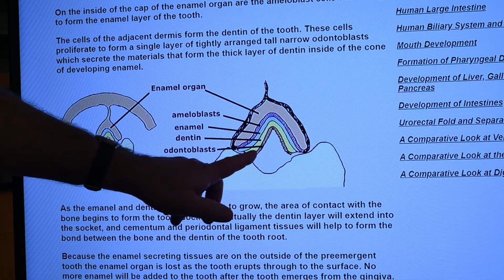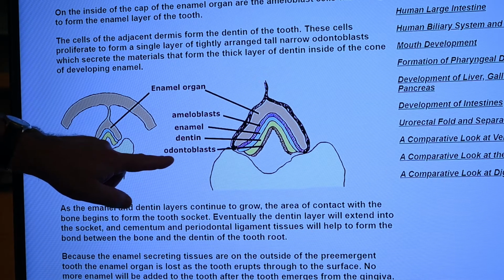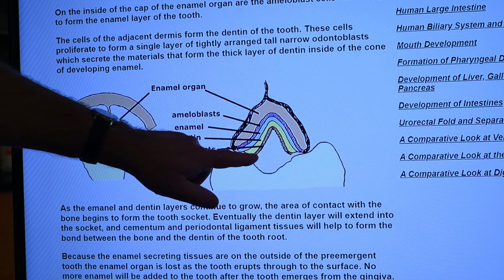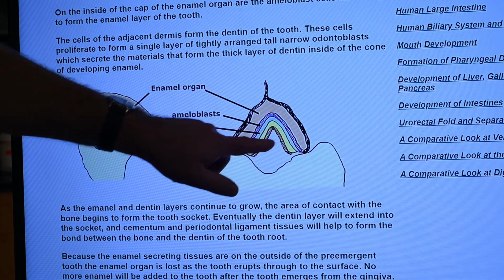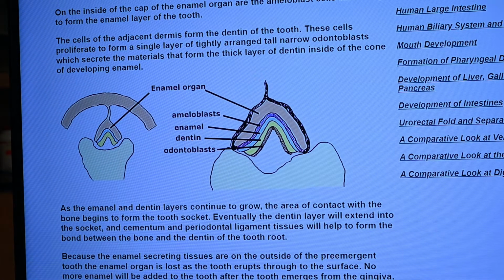The cells down here that form the dentin are called odontoblasts. Odontoblasts. So we have that odontoblast forming dentin from below, ameloblasts forming enamel from above.